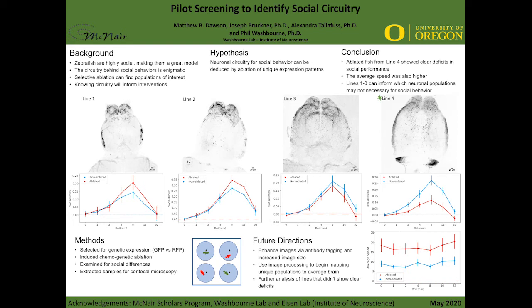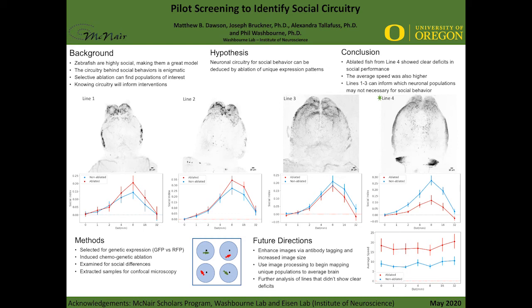To build upon this, some future directions: it would be beneficial to enhance these images with antibody tagging and increased image size, which will allow for better modeling of the circuitry.